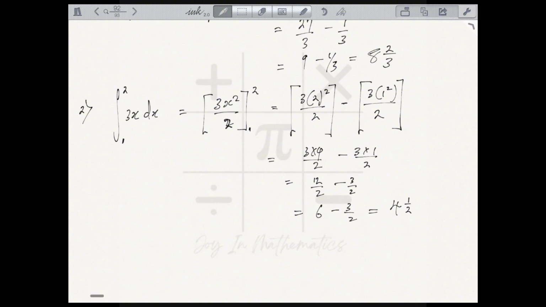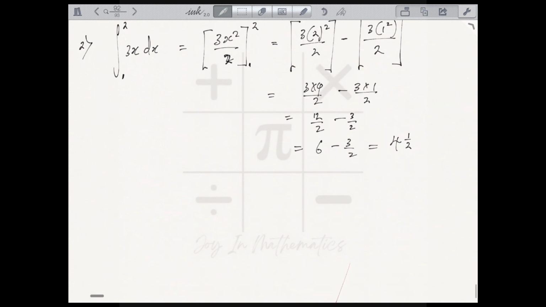Let's take another example. We are asked to integrate from minus 2 to 3 of 4 minus x squared dx. Now we can see this is a definite integral. So we are going to simplify.